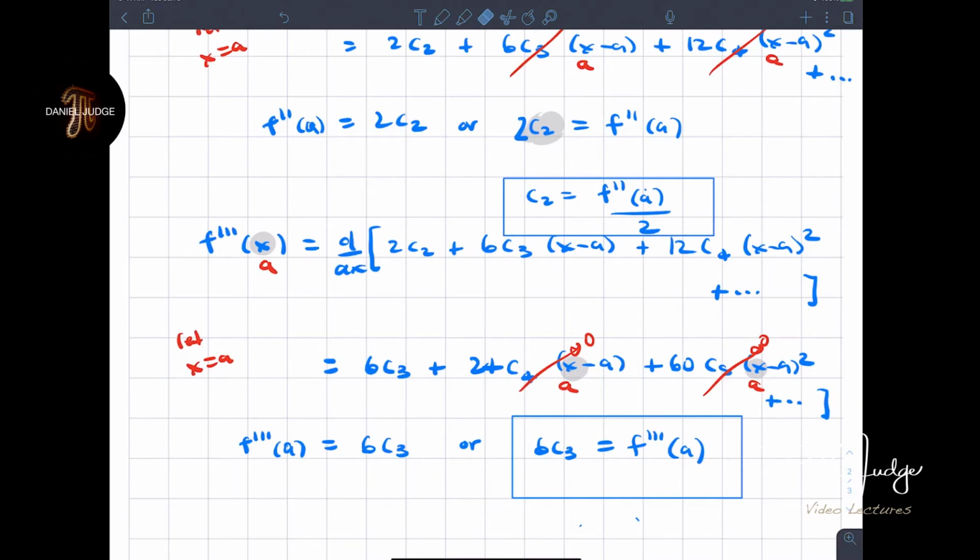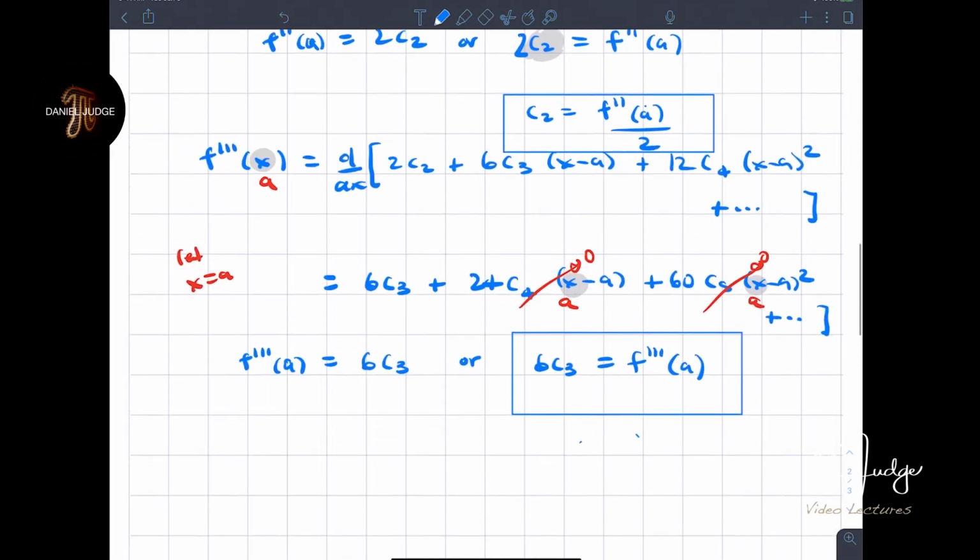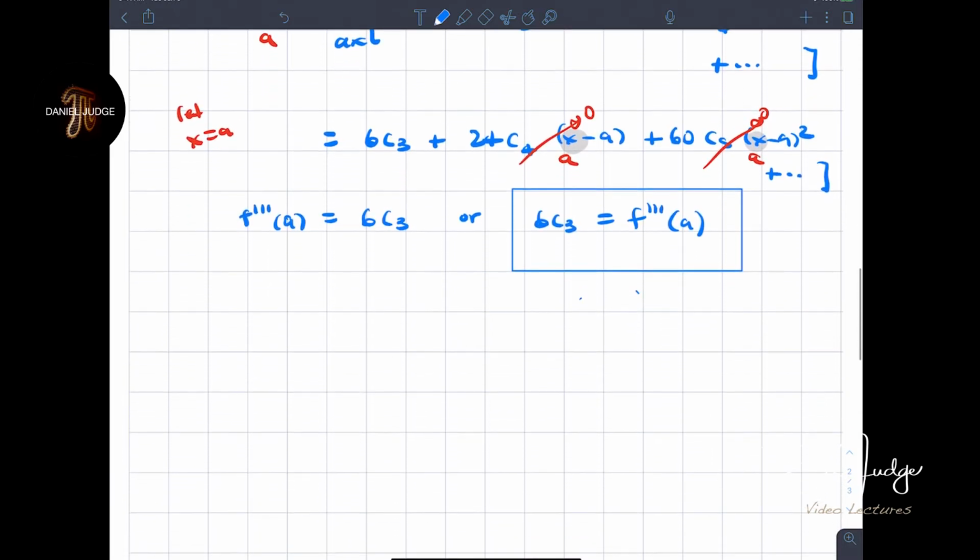So we have this term, and this means simply that c3 now is the third derivative over 6. There we go. So we're getting these terms.